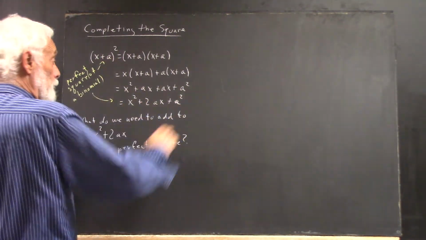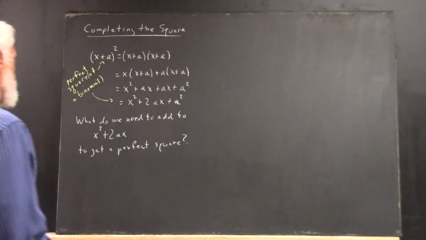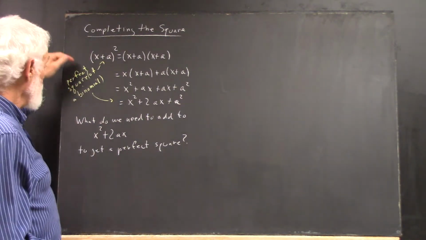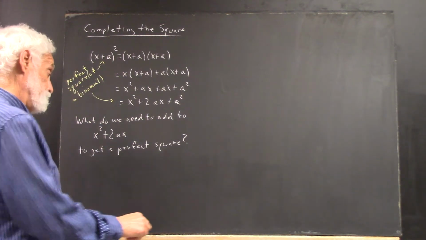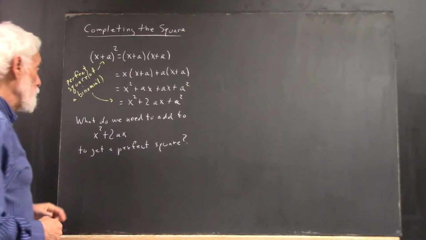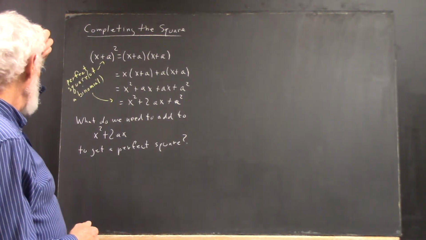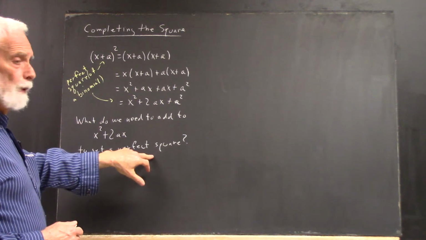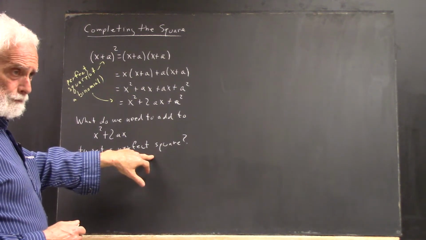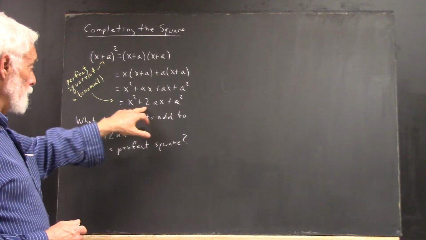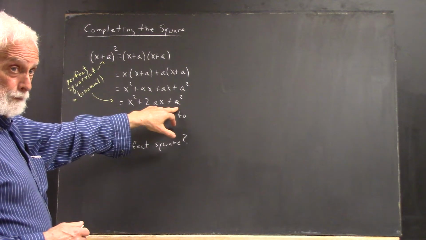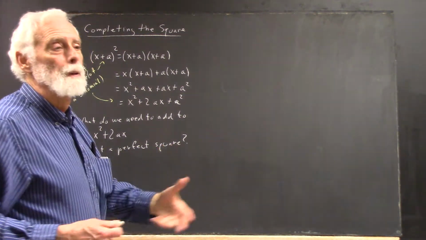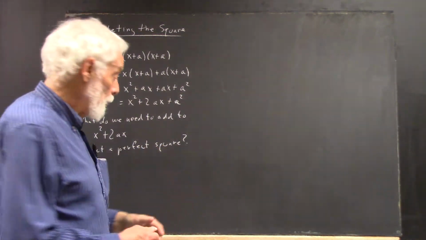Now, when I say a perfect square in this context, I mean a perfect square of a binomial. So, the question now is, what do we need to add to x squared plus 2ax to get a perfect square of a binomial? Well, if you look at this, you see we've got to add a squared.